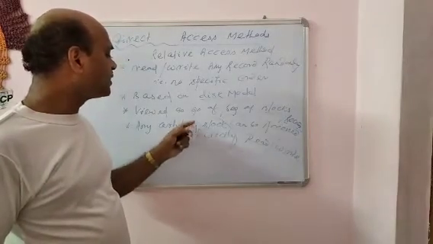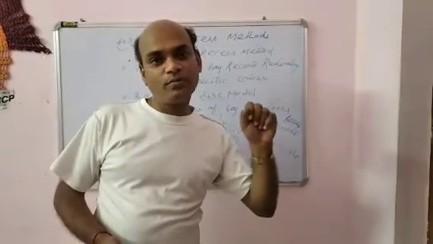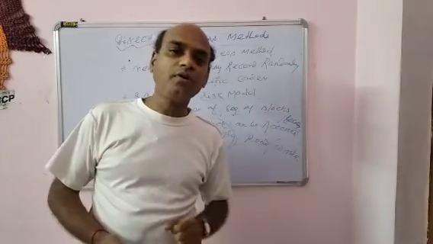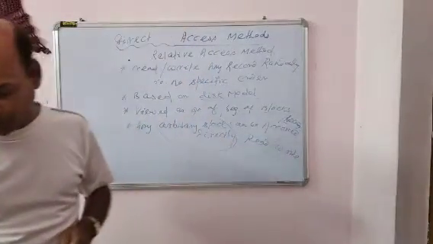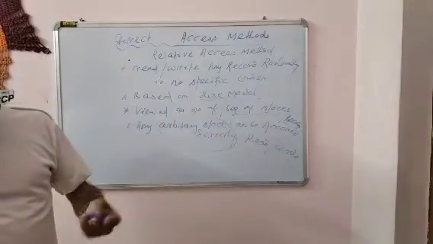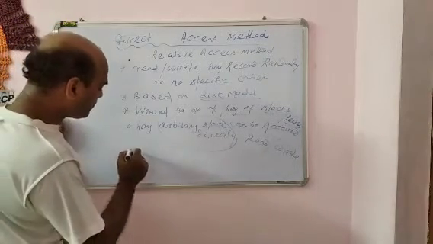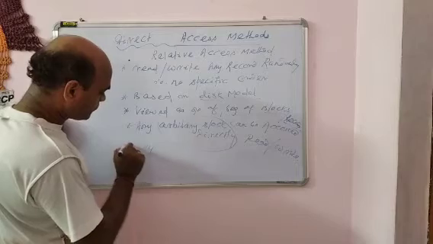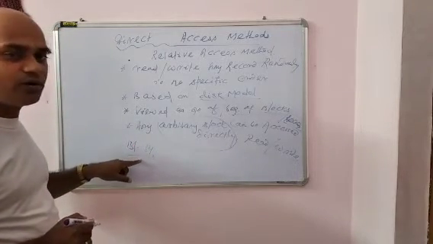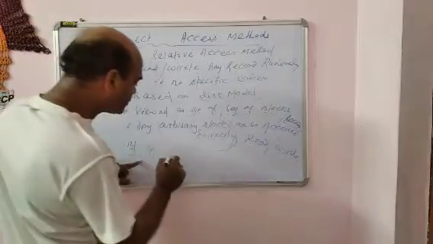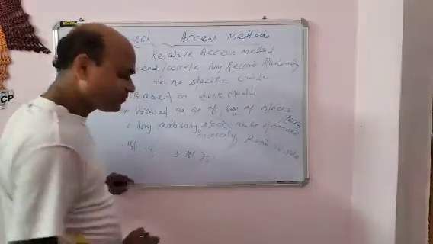So directly we can fetch a particular desired block of the memory where the desired records are stored. Suppose we are reading block number 14. From block number 14, directly we can jump to block number, suppose, 75.